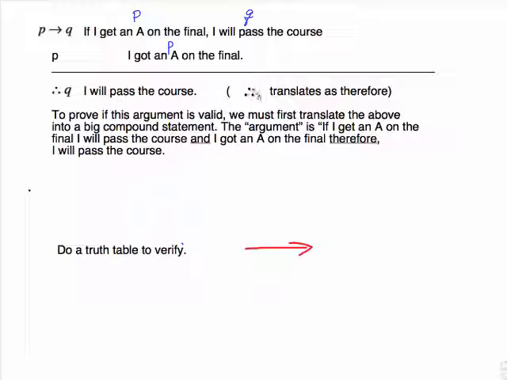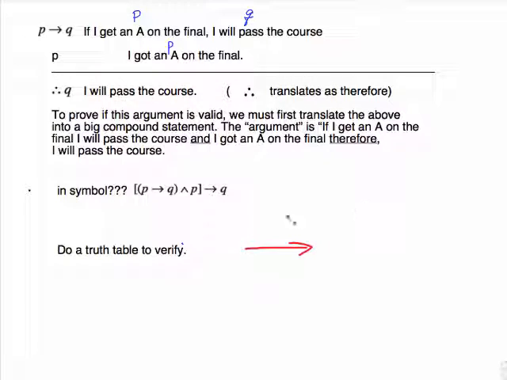Now this little triangle of dots translates as therefore. So to prove this is a valid argument, we first translate it into a big compound statement. So this whole argument is, if I get an A on the final, I will pass the course, and furthermore, I got an A on the final, so therefore, I will pass the course. So what that translates to in symbol form is this.